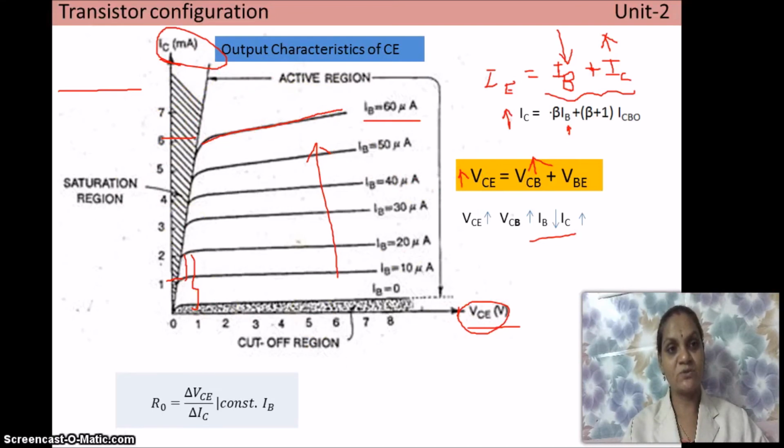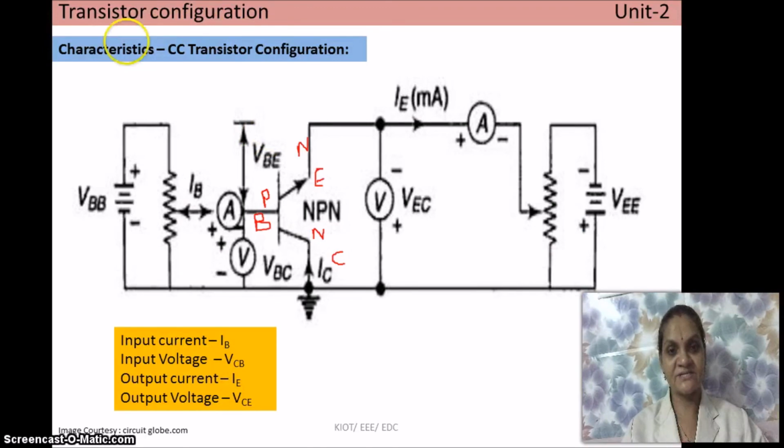Next we will see the common collector transistor configuration. Here the collector terminal is kept as the common terminal between the input and the output. The left side is the input side and the right side is the output side. These two are the biasing voltages, as we already discussed, and the emitter junction is forward biased and the collector junction is reverse biased with the help of this voltage.